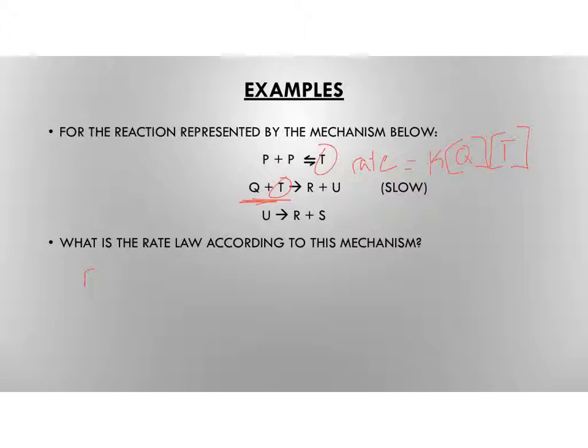So the rate law for these two is going to be just straight P is equal to T, right? Okay, so now what we do is we plug this back in up here, and we get the true rate law as rate equal K, Q to the first, P to the second.